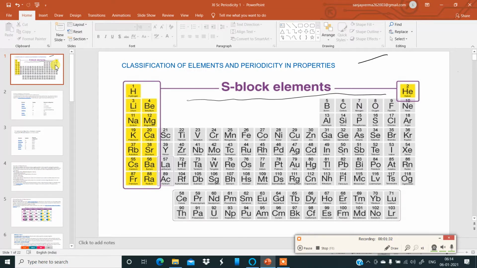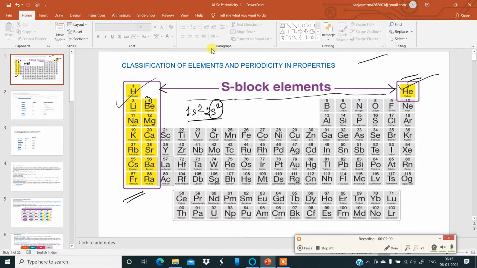For example, if I take beryllium, atomic number is 4, its electronic configuration is 1s2 2s2. So here the last electrons are entering the S block. Okay, so this one and this one, they come under the S block elements.